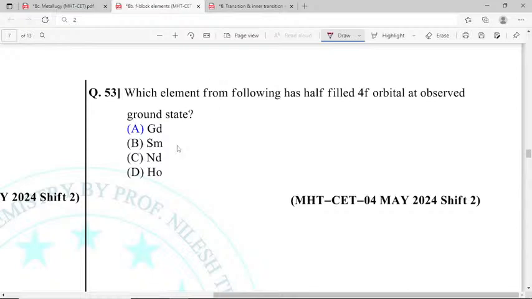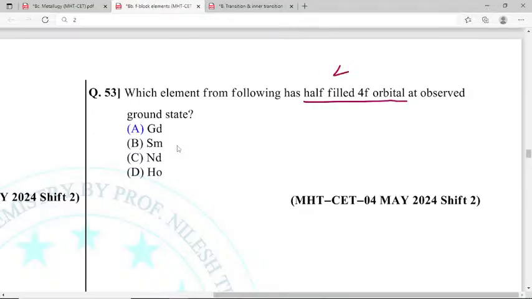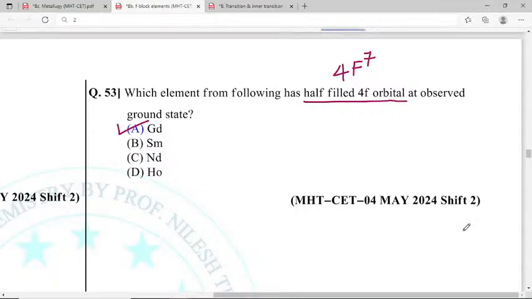Which element has a half-filled 4f orbital? 4f7 is gadolinium. Half-filled 4f orbital.